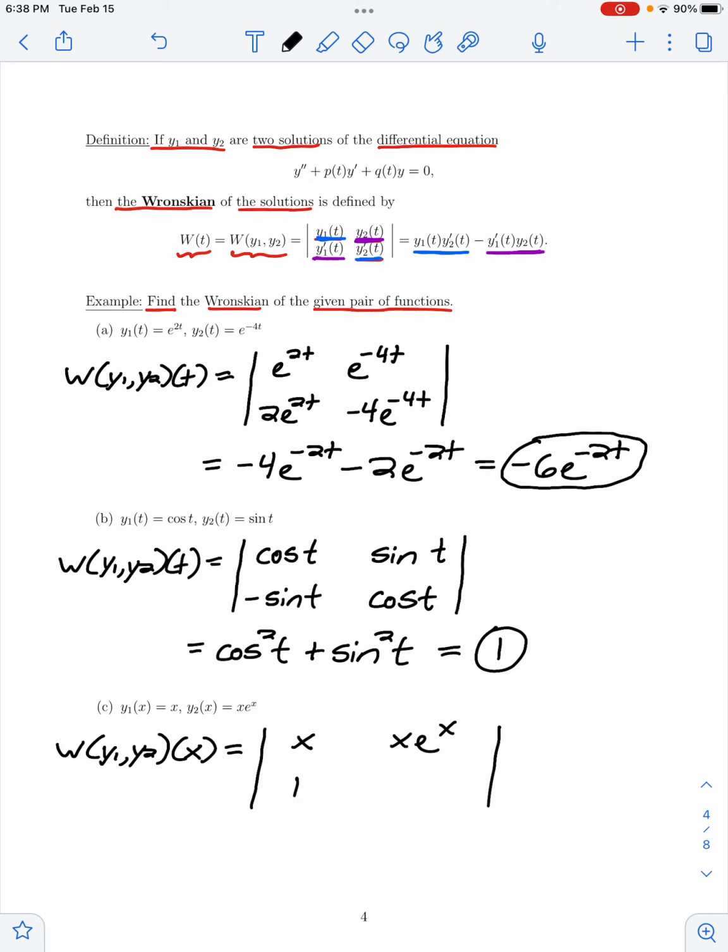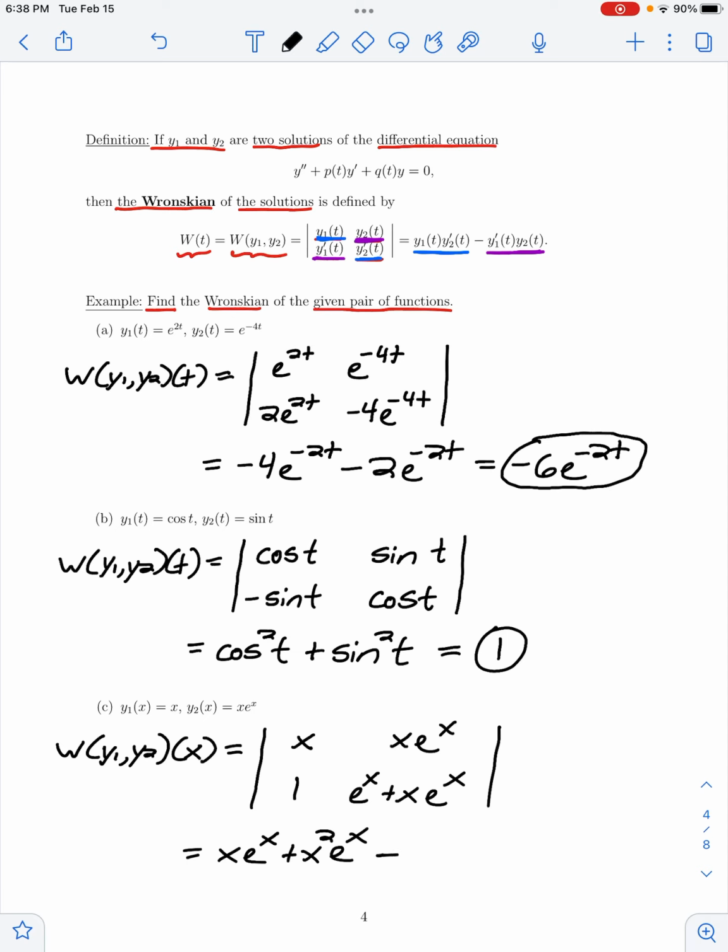So the derivative of x gives us 1. For the x times e to the x function, we need the product rule for our derivative. So we would have 1 times e to the x plus x times the derivative of e to the x, which is e to the x. And so taking our determinant, we have, for the product of the diagonal entries, x times e to the x plus x squared times e to the x.